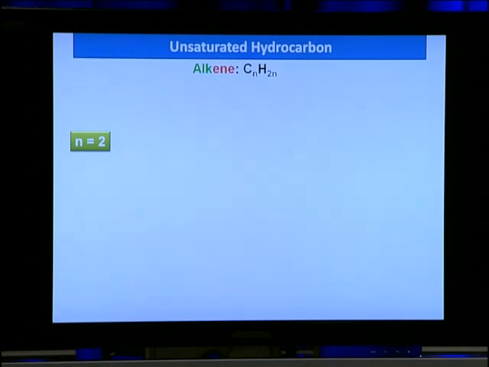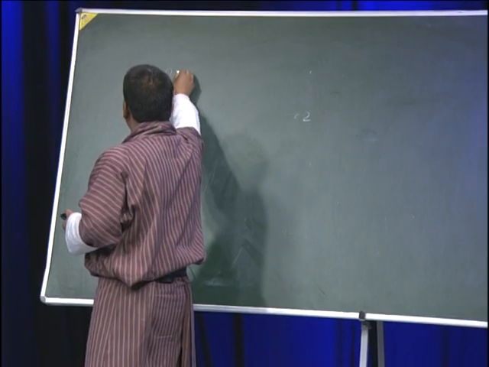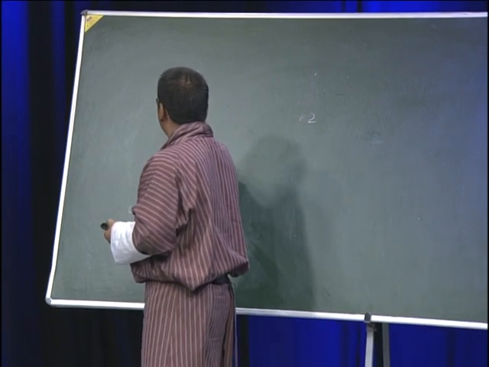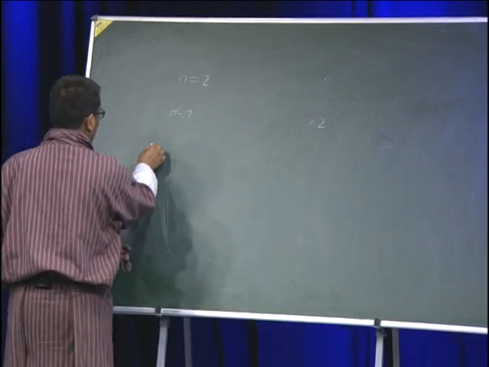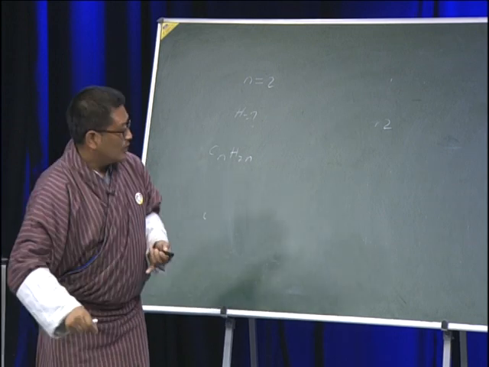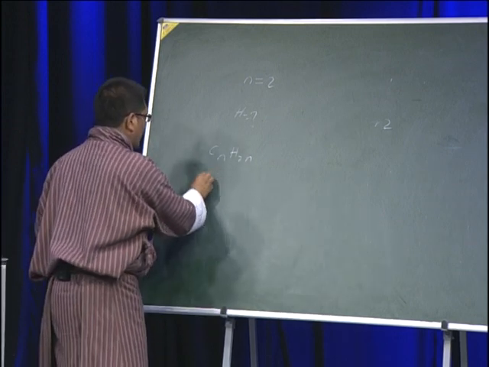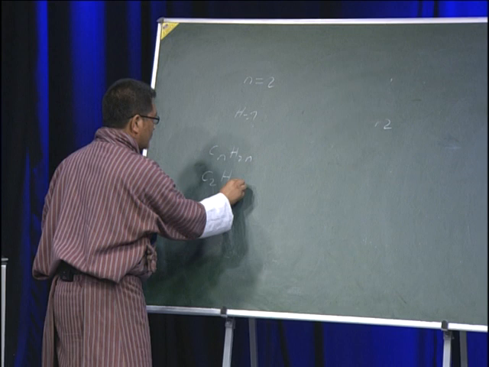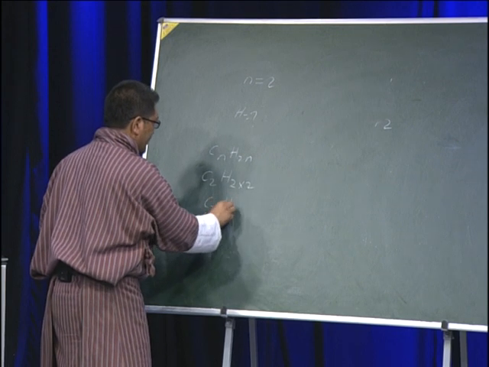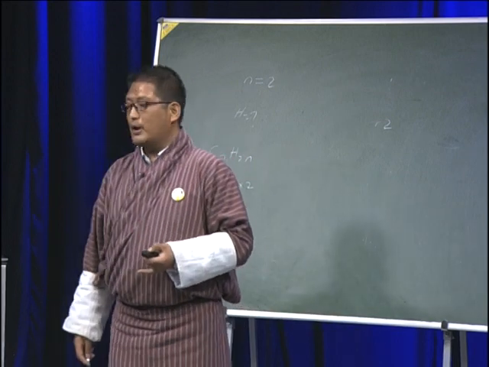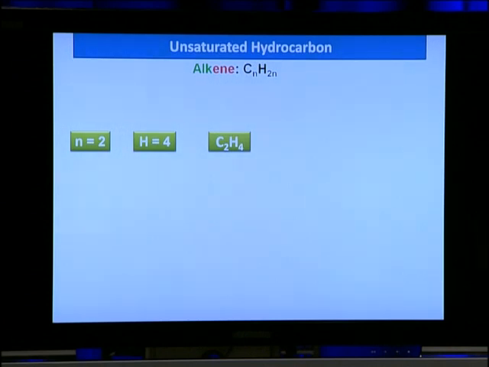Since alkene has the general formula CnH2n, when n is equal to 2, substituting the value, H should be equal to 2 times 2, so H is equal to 4. So this is the formula of this compound, C2H4.